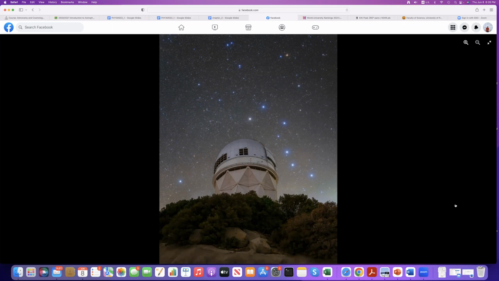This is one of the famous constellations in the northern part of the sky. I expect that by the end of this course, you should be able to identify at least these basic constellations.